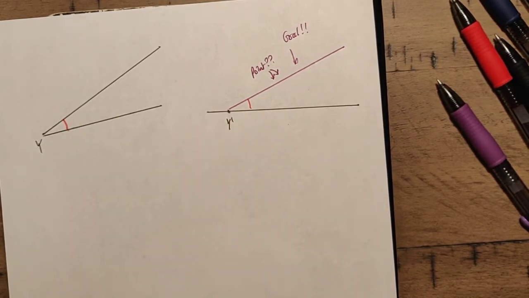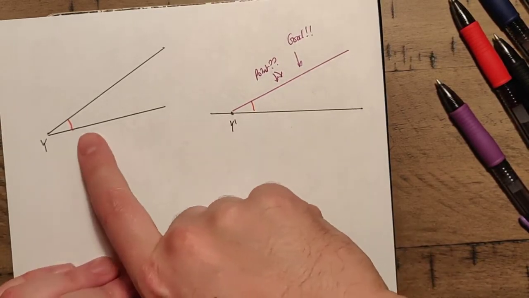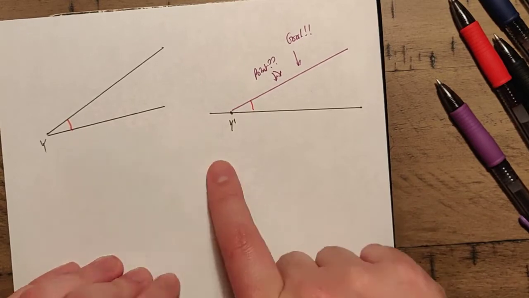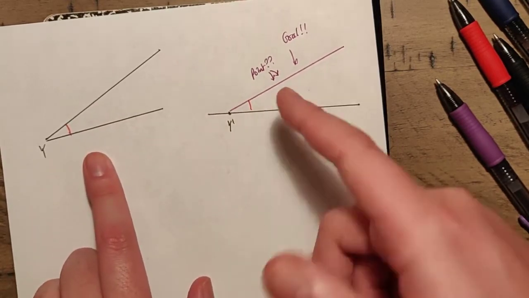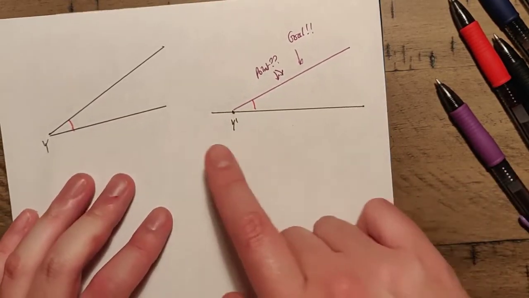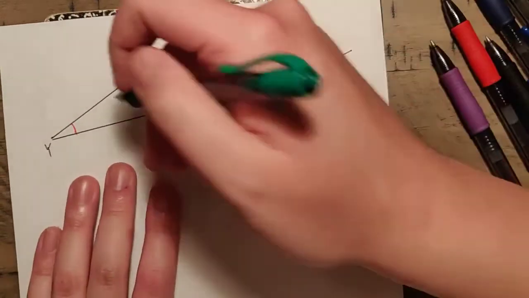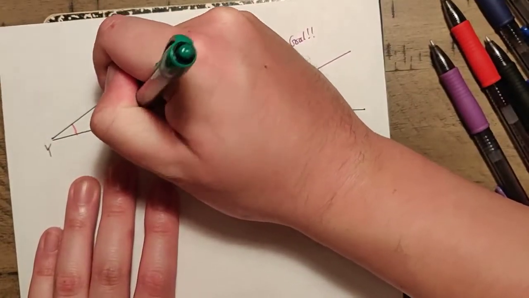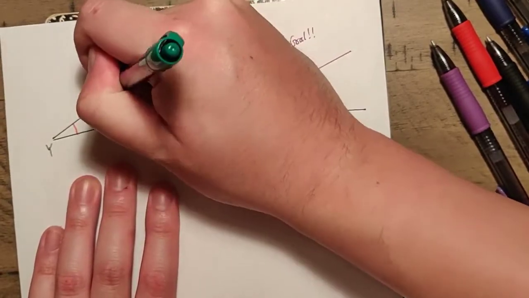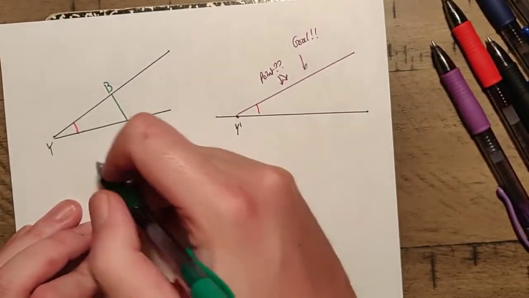But consider congruent triangles, right? If we have 2 congruent triangles, then as long as we can make them congruent, we can use corresponding parts are congruent. So, consider this here. If I can somehow create a triangle like this, let me call these points A and B. I have a triangle YAB.